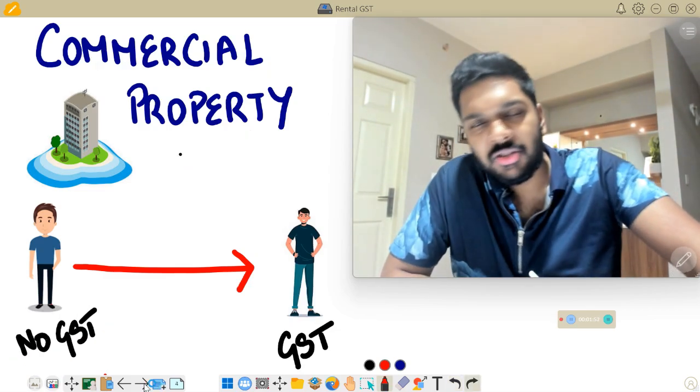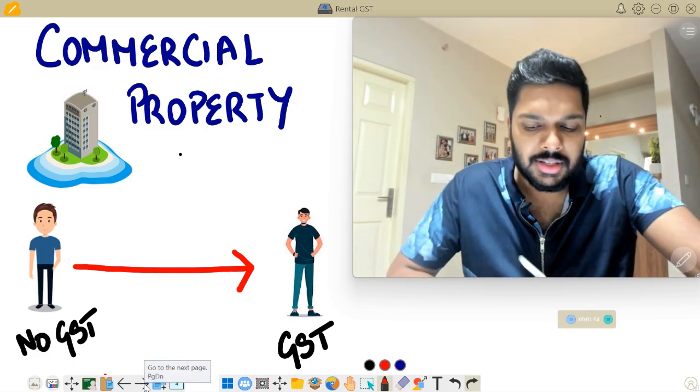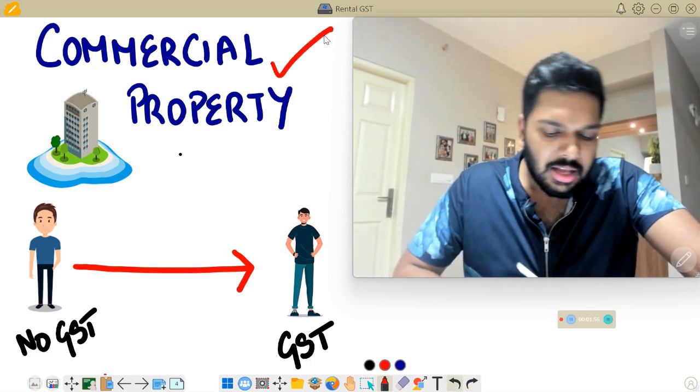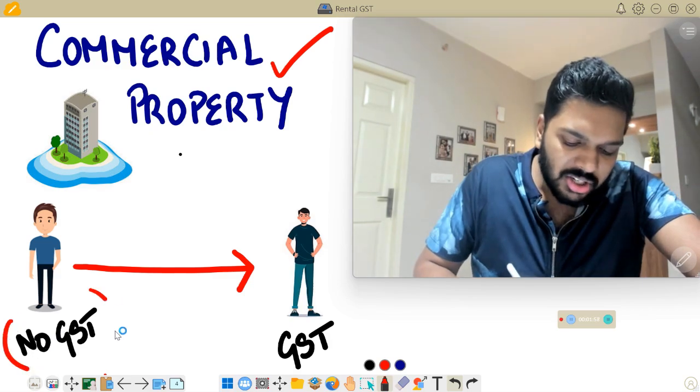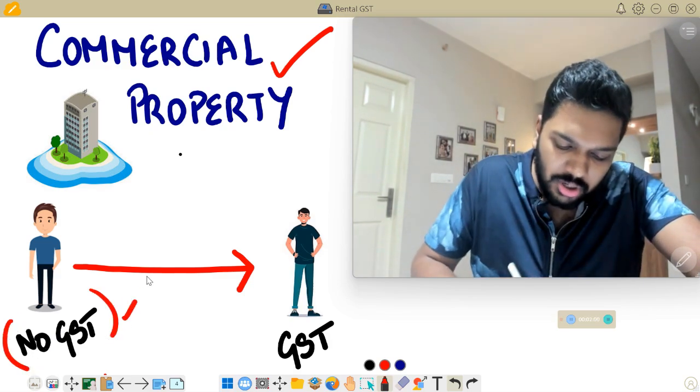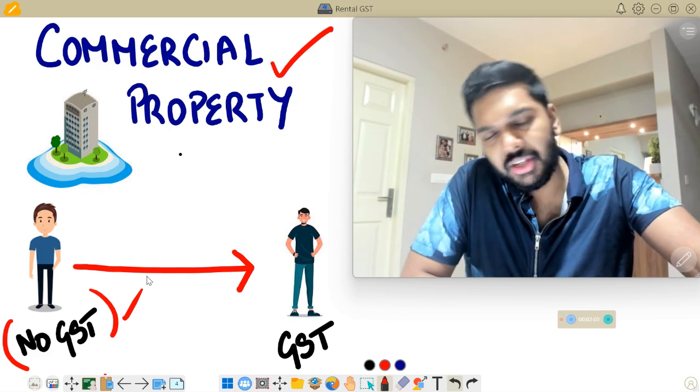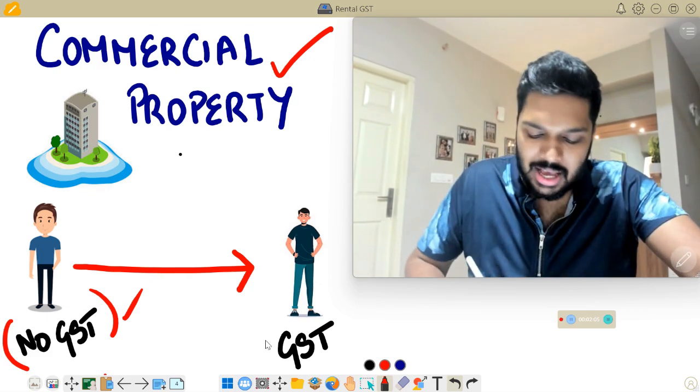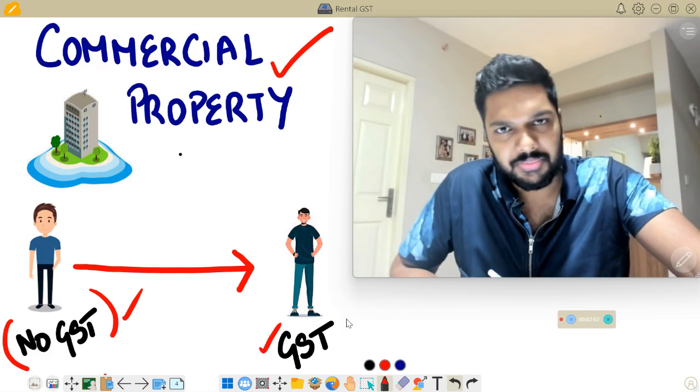But the third situation is quite different. This is the same commercial property in picture. However, the landlord in this situation, unlike the last two situations, does not have a GST registration. But the tenant, or the person receiving services, has a GST registration.